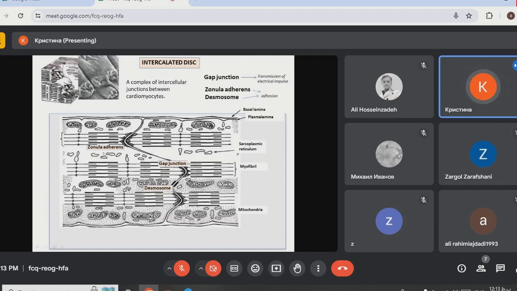As you remember, the zonula adherens junction includes microfilaments in its structure. So here are microfilaments. These are actually actin microfilaments which make thin actin myofilaments inside myofibrils.